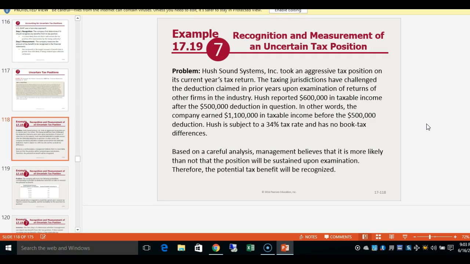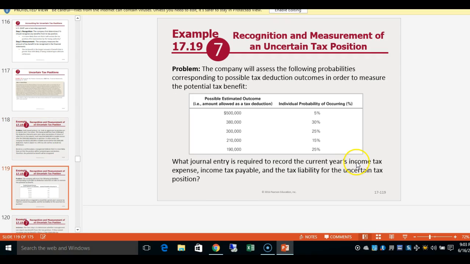In other words, they originally had $1,100,000 in taxable income, deducted the $500,000 deduction in question, to come up with $600,000 in taxable income. Hush is subject to a 34% tax rate. Based on careful analysis, management believes that it is more likely than not that the position will be sustained upon examination.